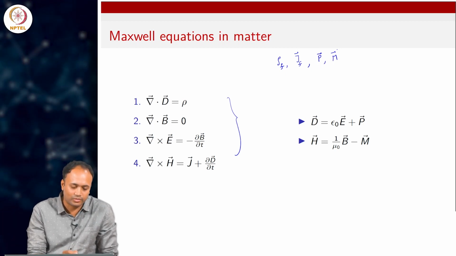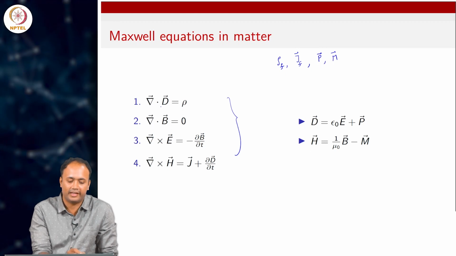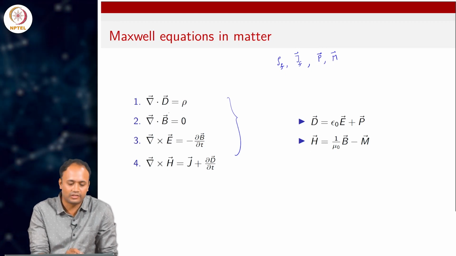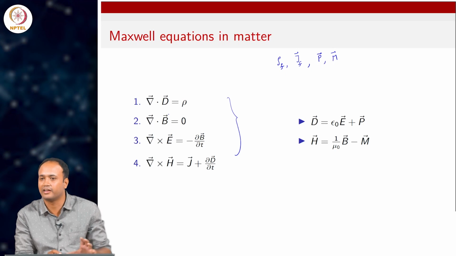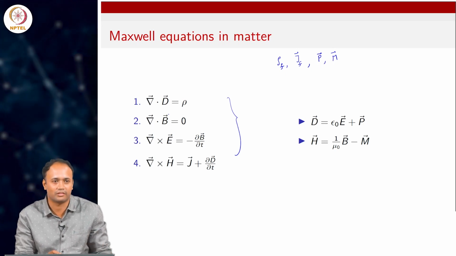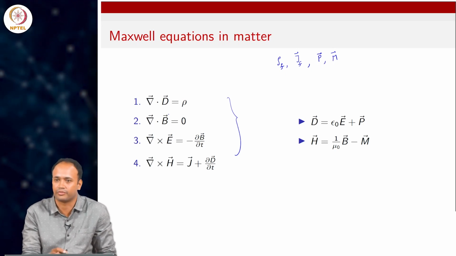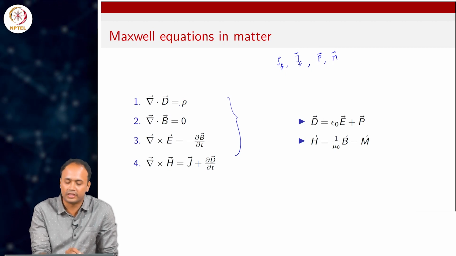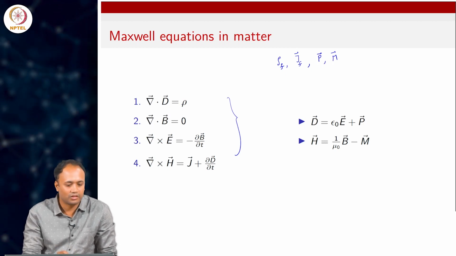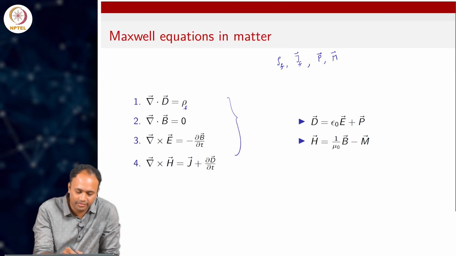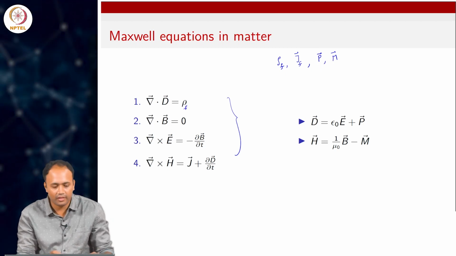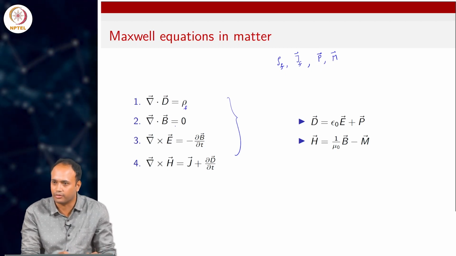So these are the Maxwell's equations. The first one is Gauss's law, the divergence of the displacement vector. The notation here is from the classic book by Griffiths, so I'm sure most of you have seen it. The divergence of the displacement vector gives you rho, which is this rho f, the density of free charges. Then you have divergence of B being 0.